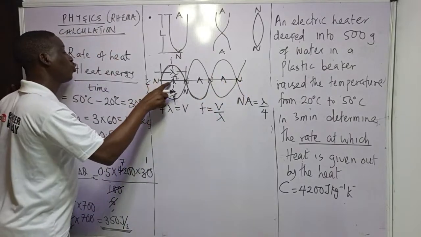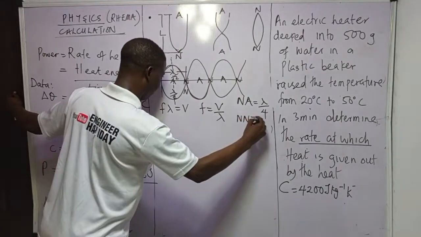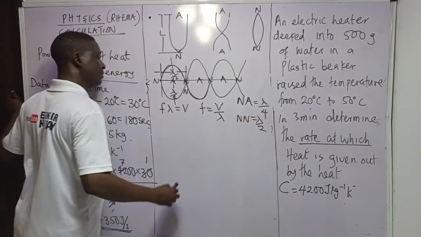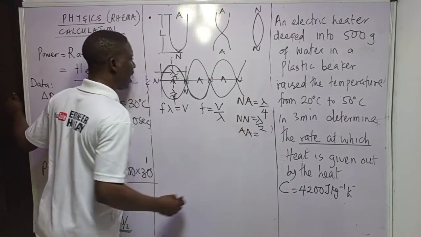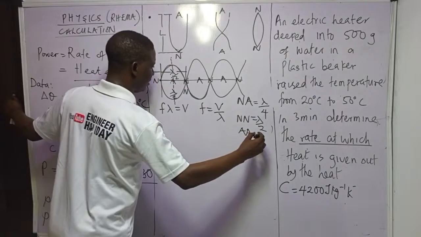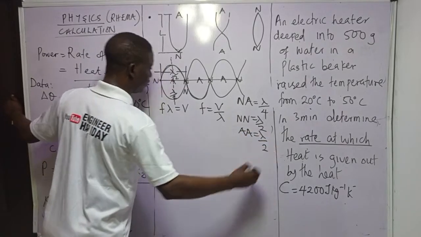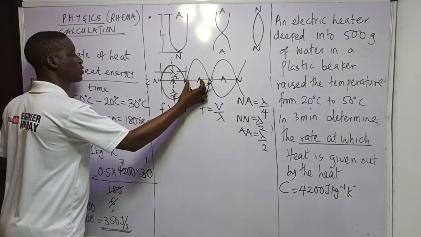So from node to antinode is quarter, and from node to node is half. Antinode to antinode is lambda over 2.